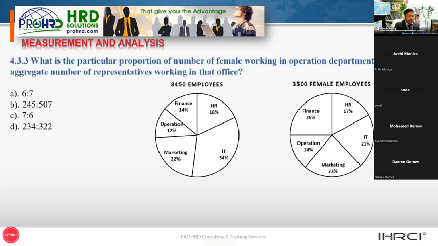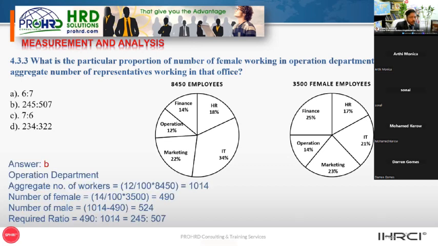So this also we answered yesterday. We looked at what is the proportion of the number of females working in the operation department to the aggregate number of representatives working in the office. So we looked at the total number of the workforce, and out of that we took 12%, which the operation department consists of. We took out the number 1014.